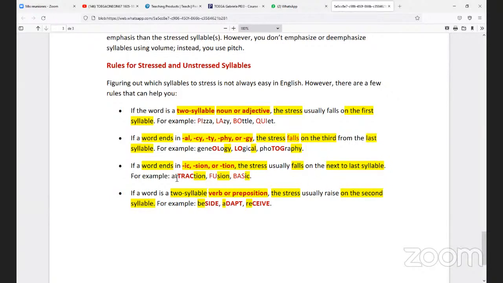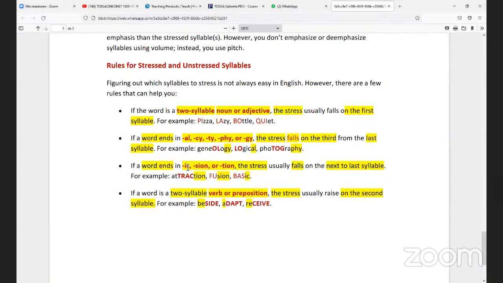For example, attraction. Always, whether it has two, three, four, or five syllables, the syllable before this ending is the one where we raise the intonation. So attraction. We don't raise here because we don't say attraction. No, attraction. Fusion. Basic. Okay, so always this.